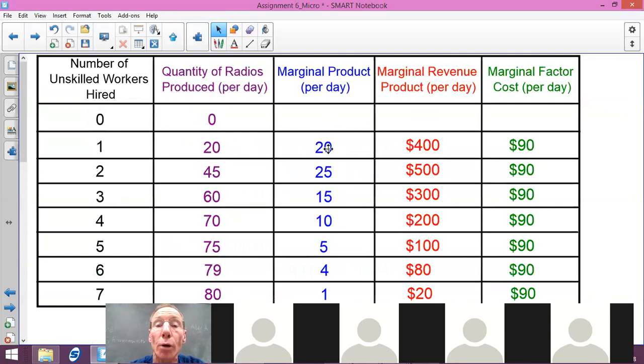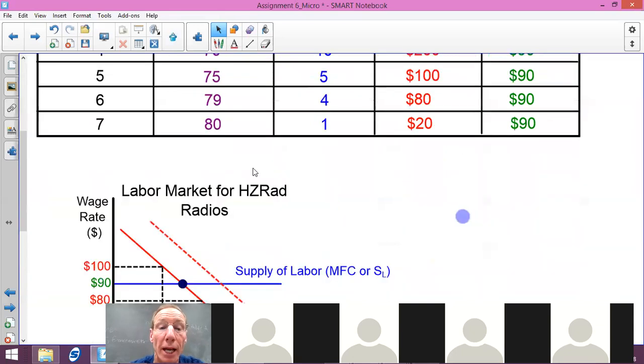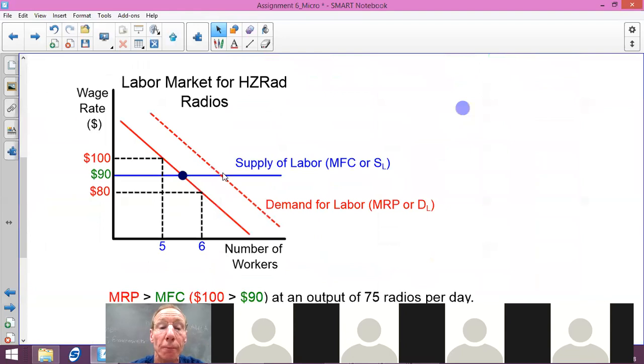And so if the marginal product is higher at every worker level, then the marginal revenue product is going to be higher at every worker level, at every number of workers, right? Which means that this curve right here, since it's a little bit higher for every worker, that curve shifts to the right, okay?